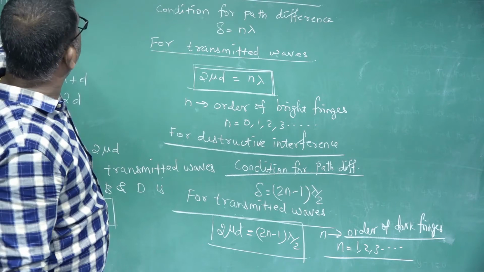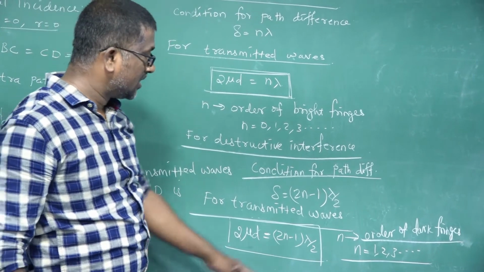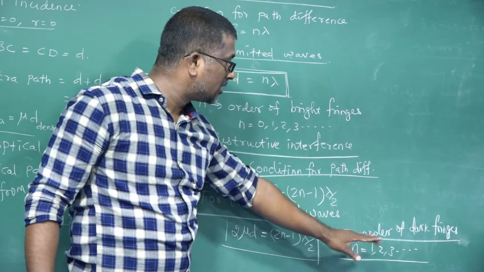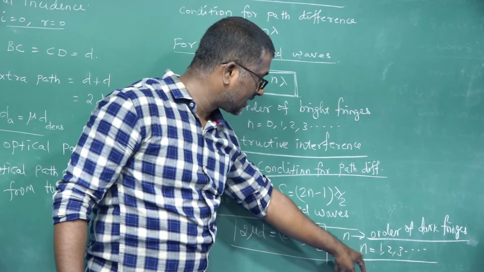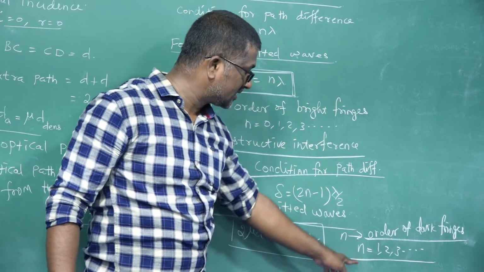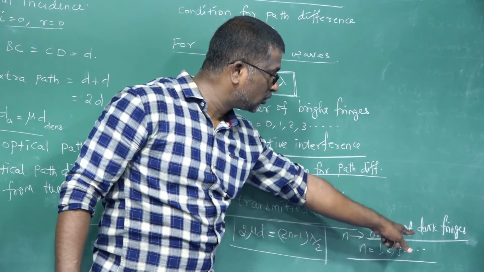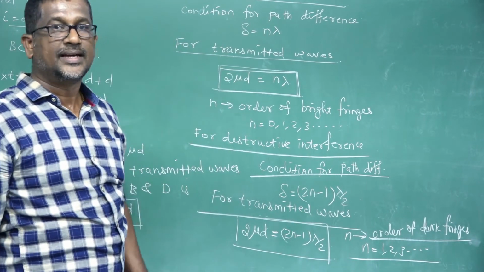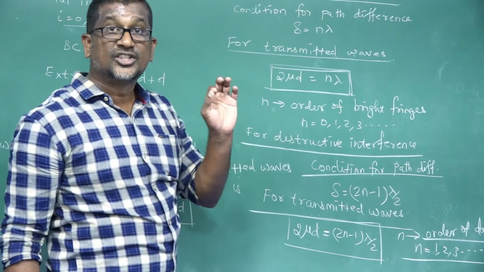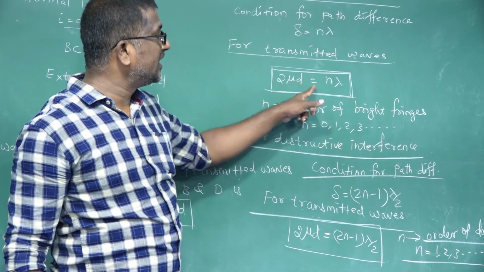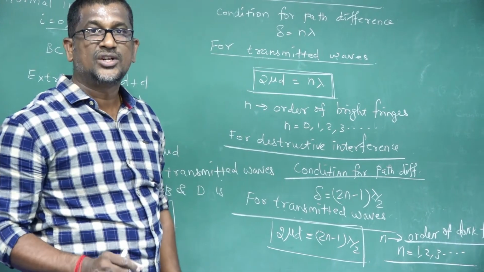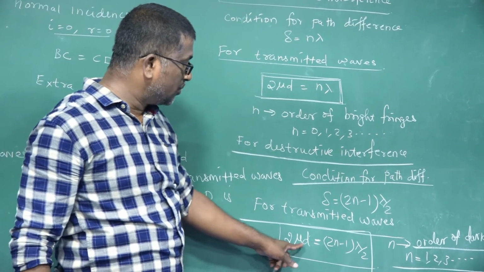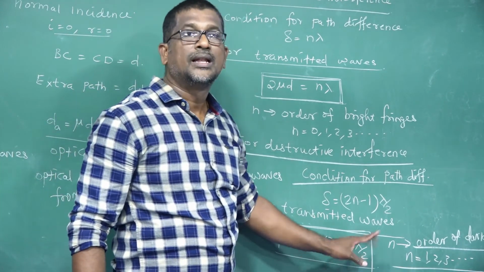But a 0th dark order is not possible. That is why here n is the order of dark fringes, and its value is 1, 2, 3, and so on. So the condition for constructive interference is 2 mu d is equal to n lambda, and for destructive interference 2 mu d is equal to 2n minus 1 lambda divided by 2.